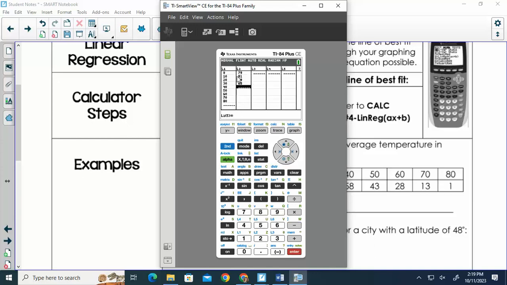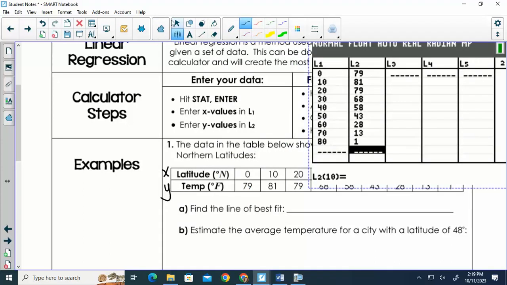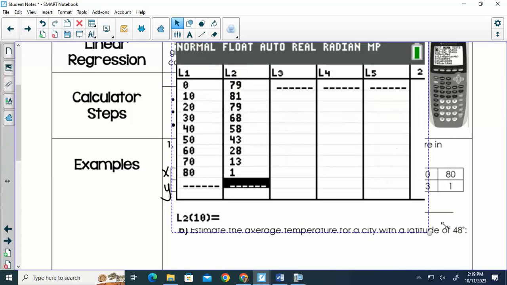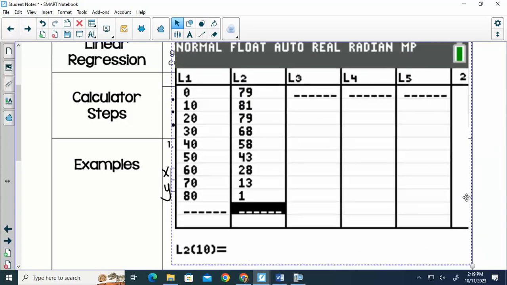So you can put one in, hit enter. When you're done, I'll put it on here. It should look like this, so you can double check yourself.